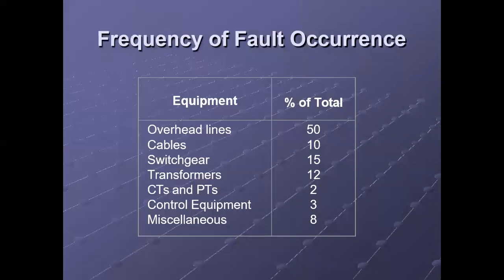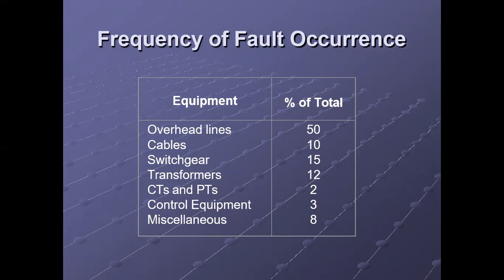Then frequency of fault occurrence, that is, on which equipment what percentage of total faults occur, is given in this slide. The first one is overhead lines: 50% of total faults occur on overhead lines. The second one is underground cables: 10% of total faults occur on cables.